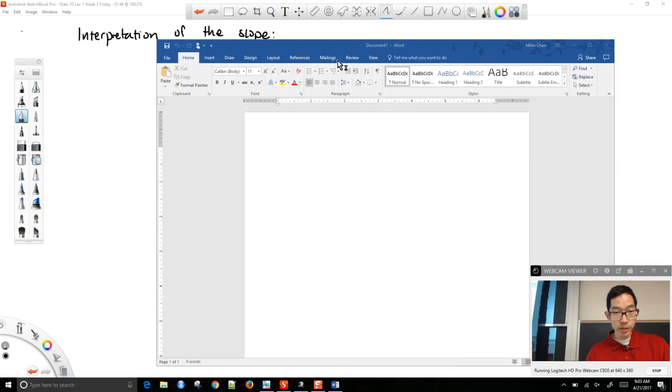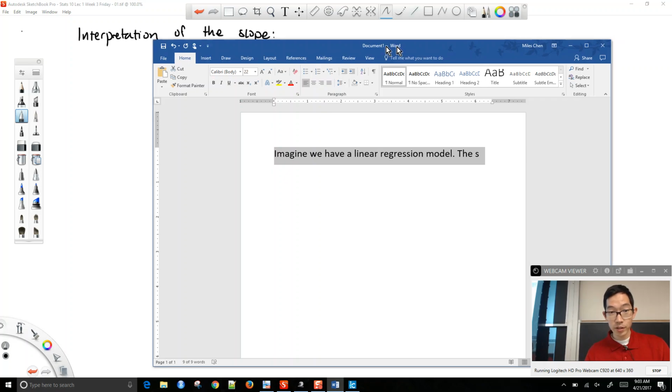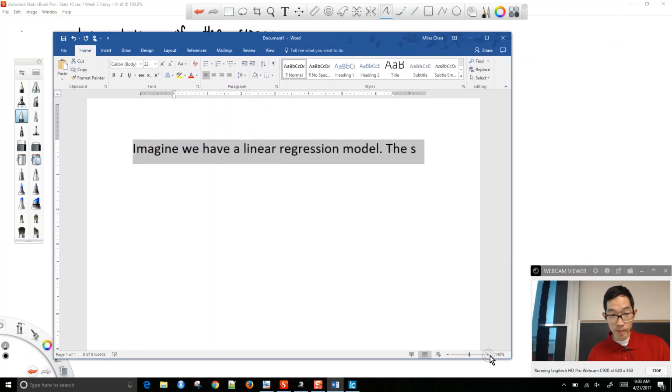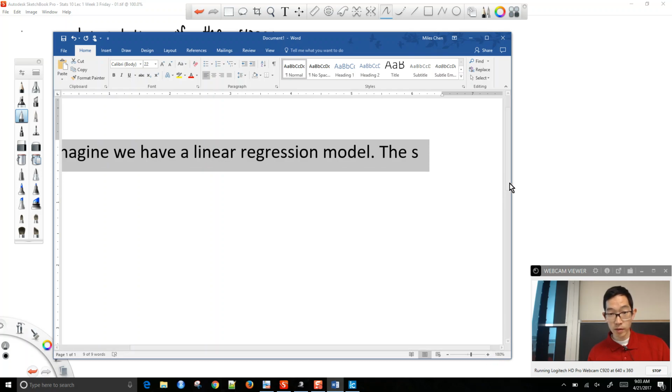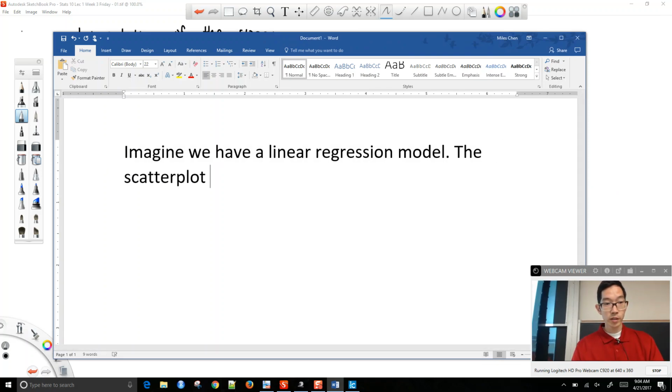The way this is going to be is, imagine we have a linear regression model. The scatter plot shows that a linear relationship is appropriate.